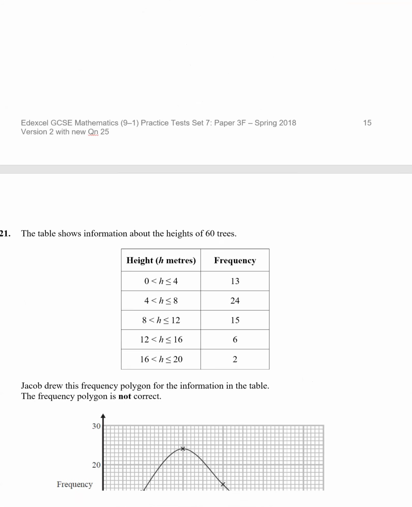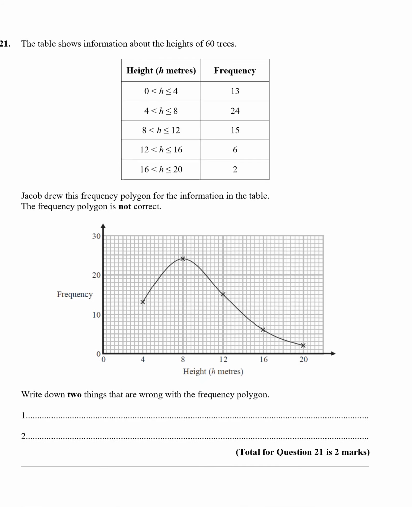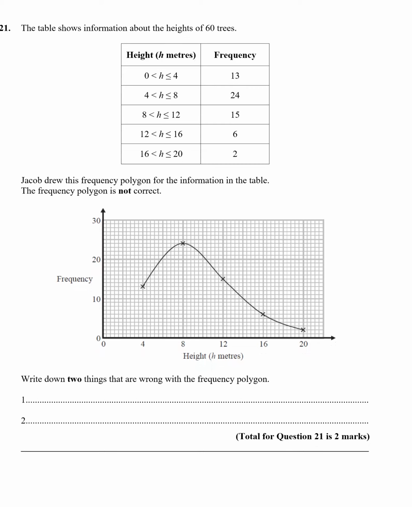Question 21. The table shows information about the height of trees. Jacob drew this frequency polygon for the information in the table. The frequency polygon is not correct. Well, firstly, he hasn't plotted in the middle of the groups.